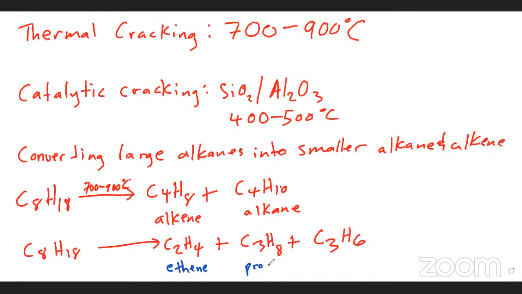So ethene, propane, and propene. All right, so just know to do the equation for cracking. Again, for this, you have to know the fractions. So ensure you're looking at your objectives, and for module 3, you can just use this study guide.